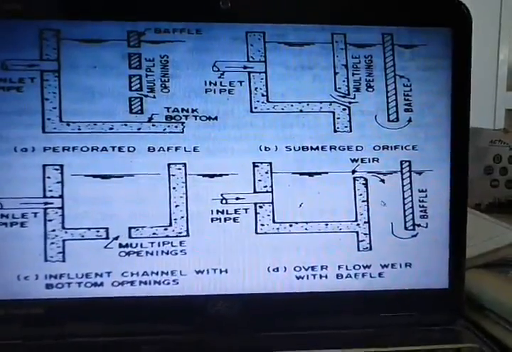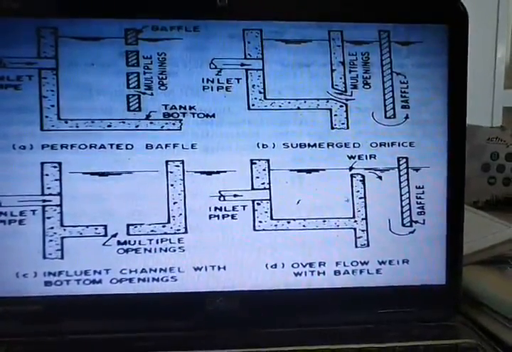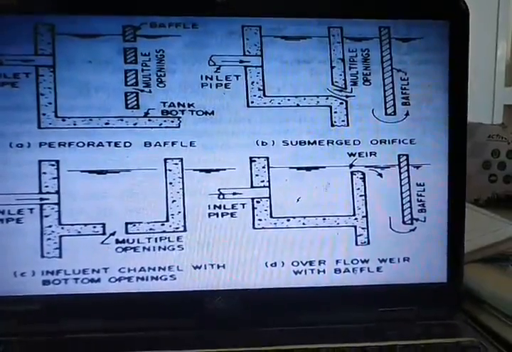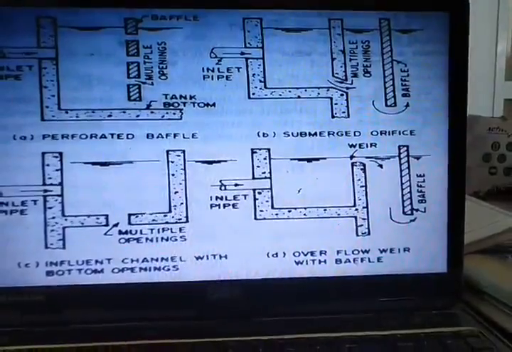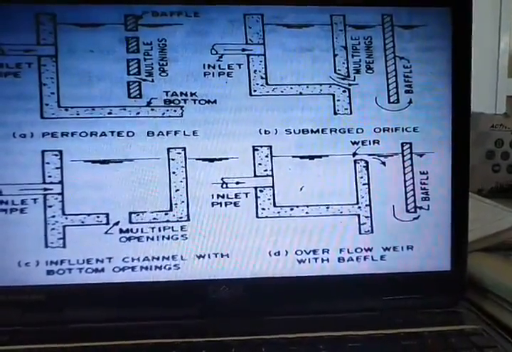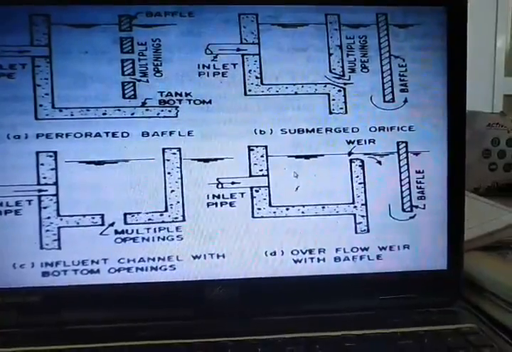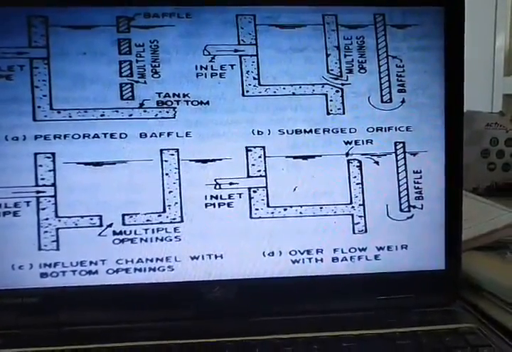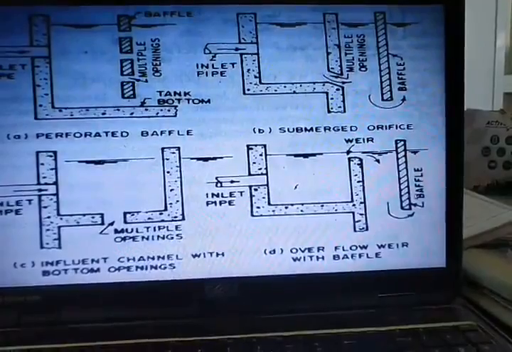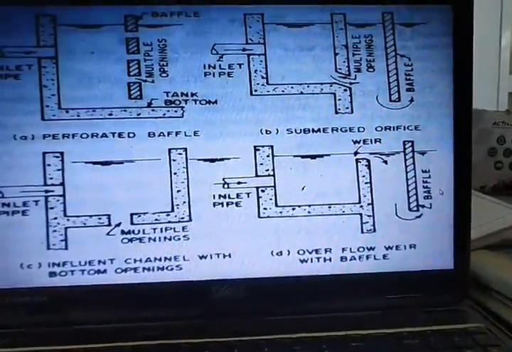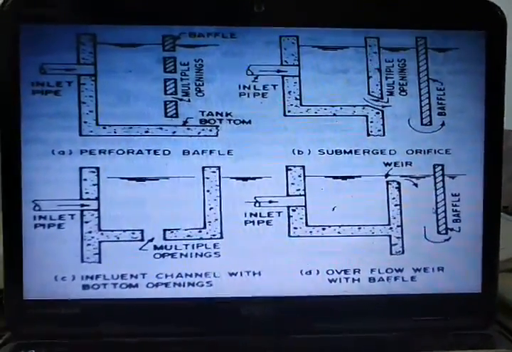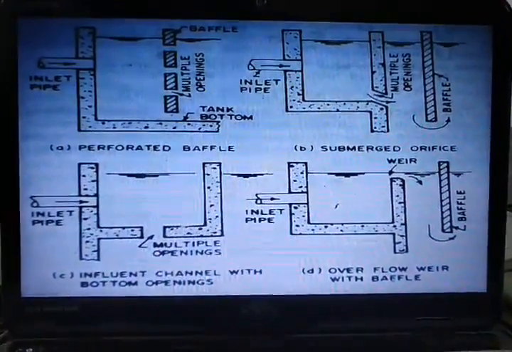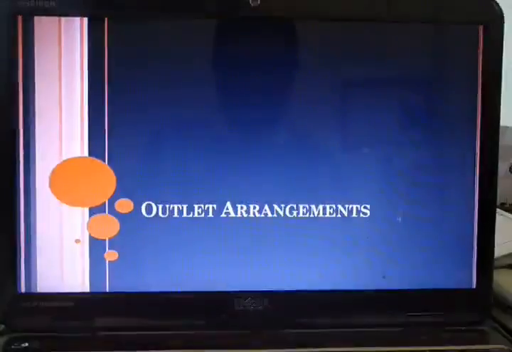It is again a construction of a weir in the inlet chamber, so that the velocity gets reduced by hitting the water against this baffle wall, and slowly the water will flow to the subsequent zone of the treatment with the help of this baffle wall. Okay, so these are different types of inlet arrangements in a sedimentation tank.